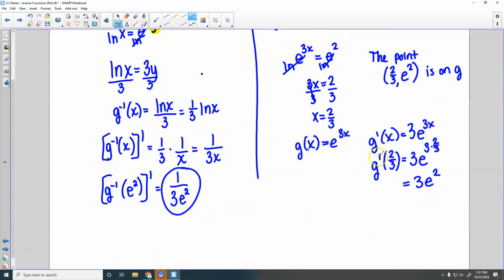So if g prime of 2/3 is 3e squared, g inverse prime of e squared, because you have to use the y coordinate here, is 1/3 e squared.